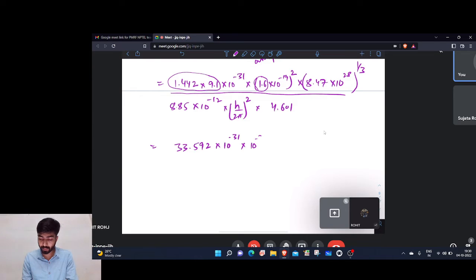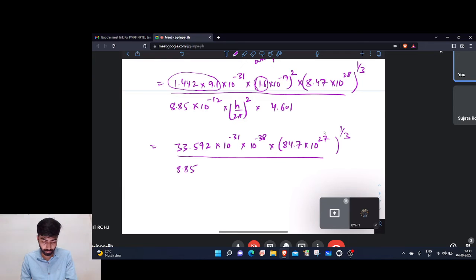Now 10 to the minus 38 comes from the square of the charge of electron, and inside the bracket we can transfer 10 to 84.7, and it becomes 10 to the power 27, raised to the power 1 by 3, and the rest we have as 8.85 multiplied by 10 to the power minus 12.